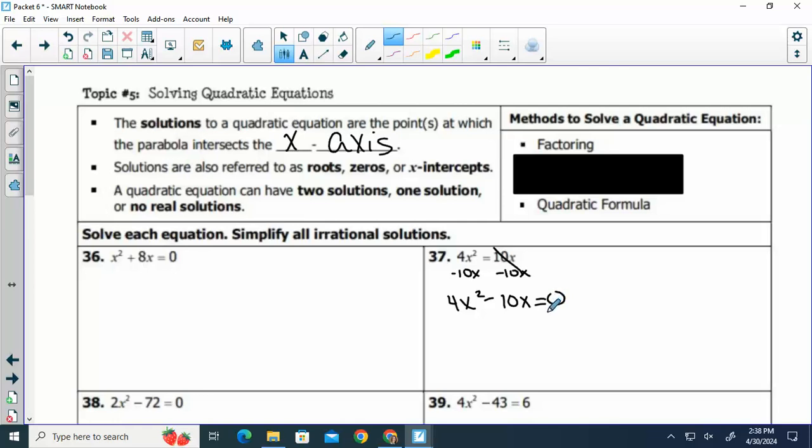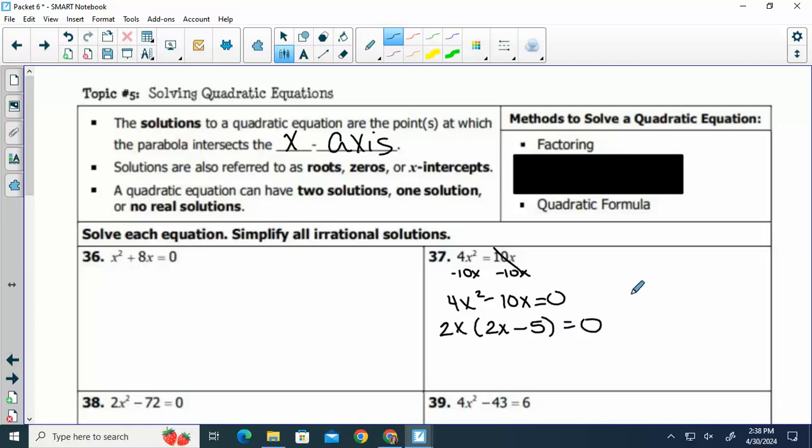What could we take out? A 2 and x. So 4 divided by 2 is 2. We had x squared, we took 1 out, so there's an x. Minus 5, or 10 divided by 2 is 5. We took out that x.